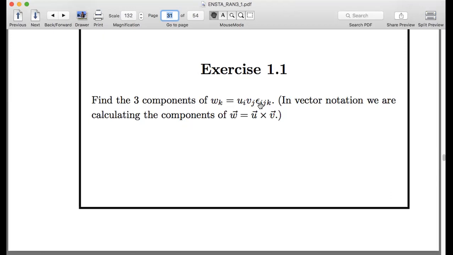So then I know that this epsilon_ijk is only interesting, or only contributes to our sum, when the 3 indices are different. Now we've set k equal to 1, and we want to sum over all the terms.